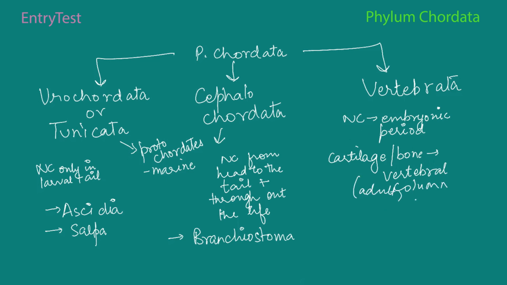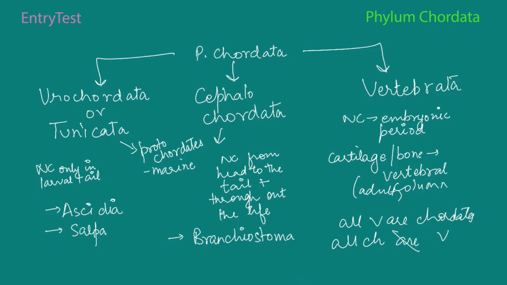So the notochord gets replaced by the vertebral column in the adult stage. That means all vertebrates are chordates, but all chordates are not vertebrates.